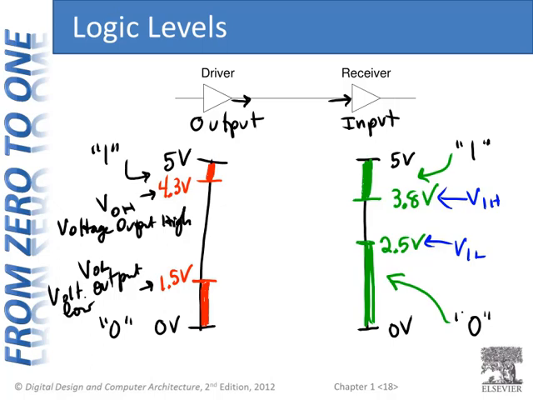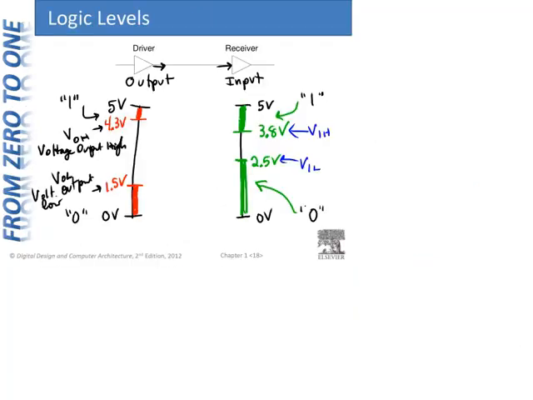And again, we'll notice that these values are not the same. The output high and the input high are not the same, to allow for external noise in the system. If we take the difference between these two, well, the driver can send 4.3 volts. It can have up to 4.3 minus 3.8, 0.5 volts of noise, external noise, and still be detected as a 1 at the input of the receiver.